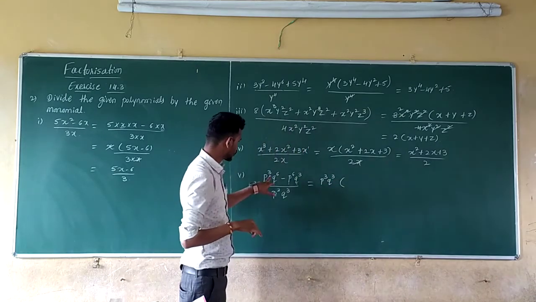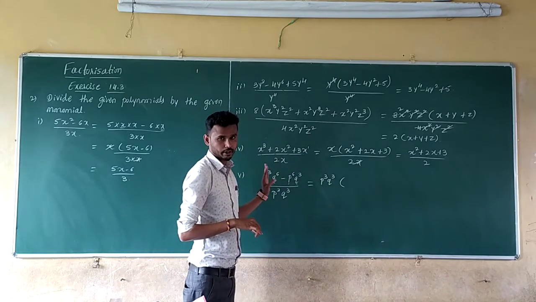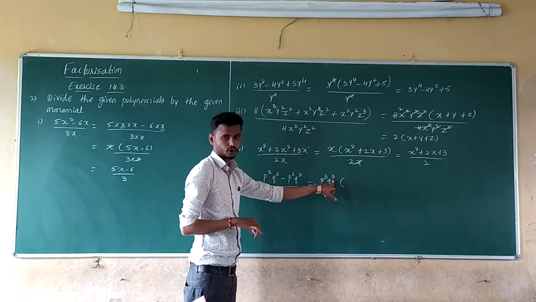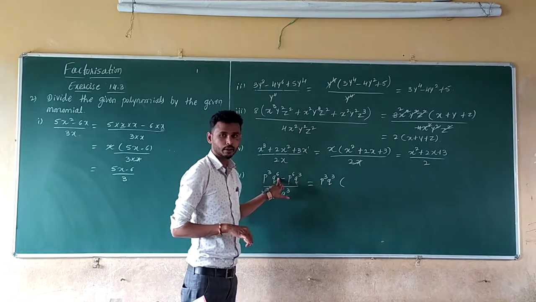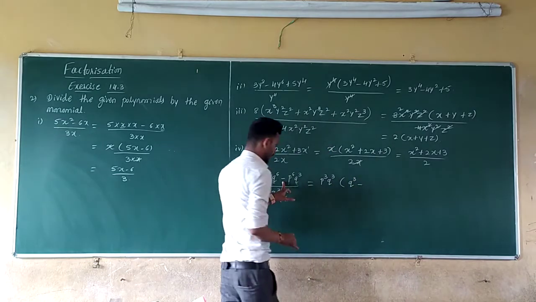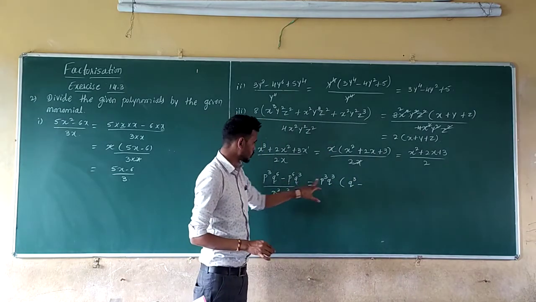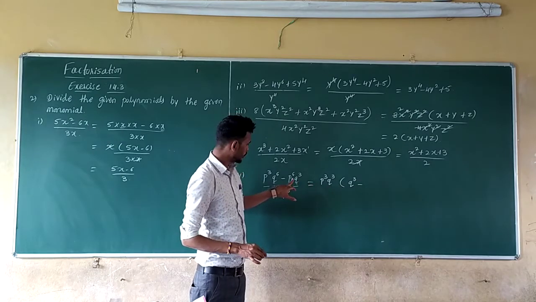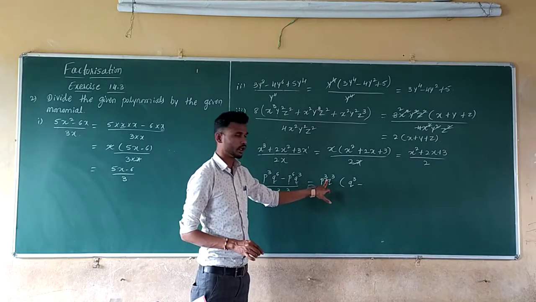So now p raised to 3 we have taken common. Nothing will remain in that p. Now q raised to 6 is there. Only q raised to 3 we have taken. In that 6, how much will remain? q raised to 3 minus. So here q raised to 3 we have taken common, so here q will remain nothing. So p raised to 6 is there. Only p raised to 3 we have taken common.